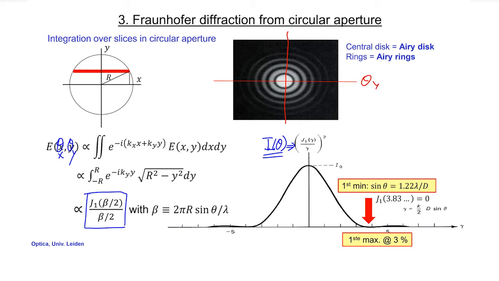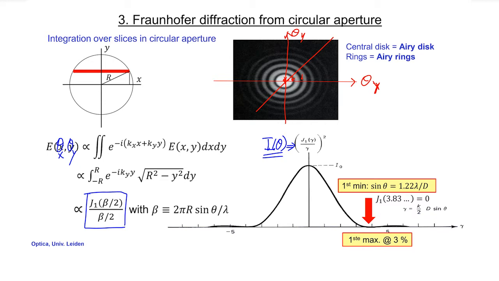So it doesn't matter whether you look in the theta x direction, the theta y direction, or any other direction. The pattern is always the same. Most important, the shape of the pattern looks somewhat like the sine beta over 2 divided by beta over 2. There's a central maximum and a couple of rings, dark rings and bright rings.